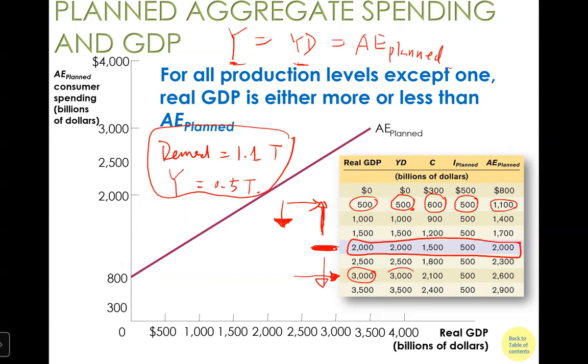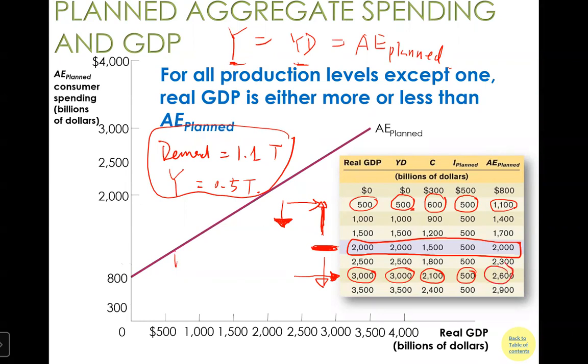Income will be 3 trillion. Then the consumption function tells us households are planning to spend 2.1 trillion. We know the investment spending will be 0.5 trillion. So the total aggregate expenditure is planned at 2.6 trillion.